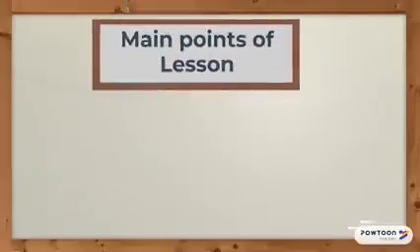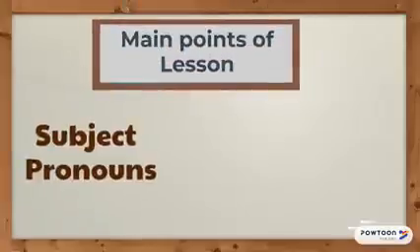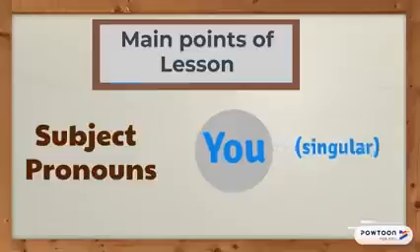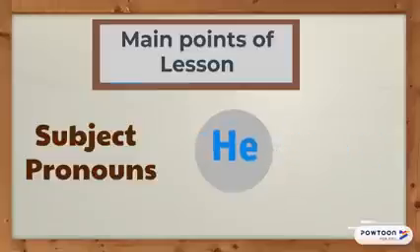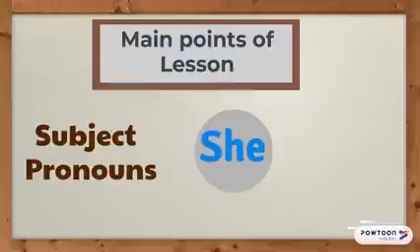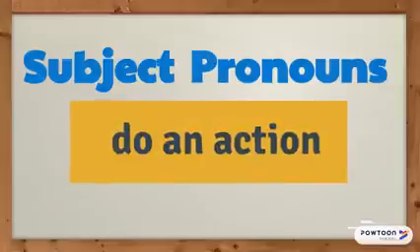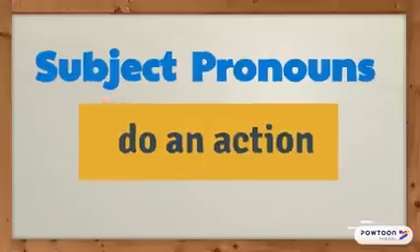Okay, so what you need to remember from this lesson is that the subject pronouns are I, we, you singular and you plural, he, she, it, and they. All of these subject pronouns are pronouns that do an action in a sentence.